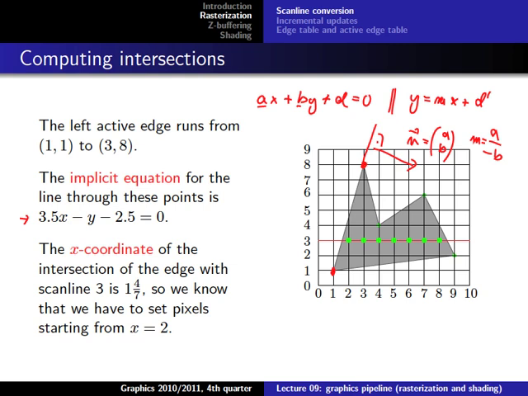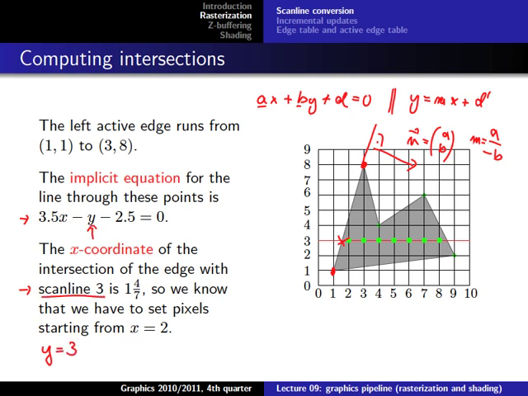Now, if we want to have this intersection point, which is at scan line number 3, then of course this intersection point has the y coordinate 3, because it's scan line number 3.